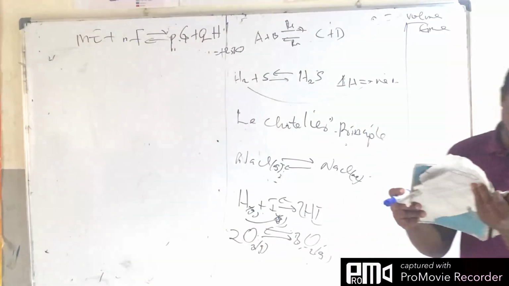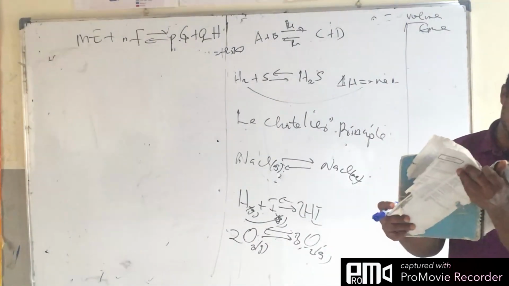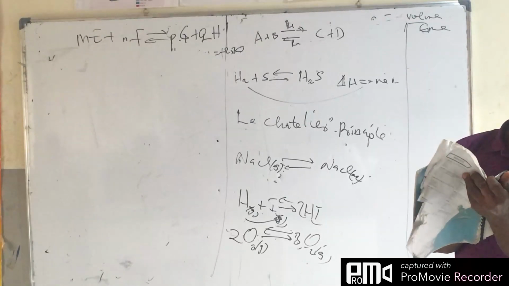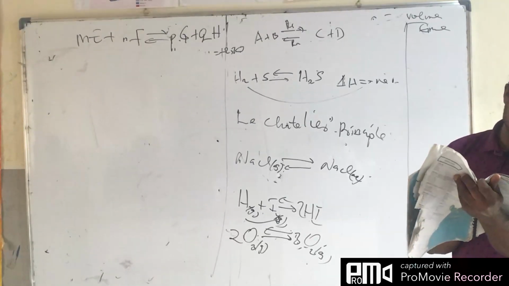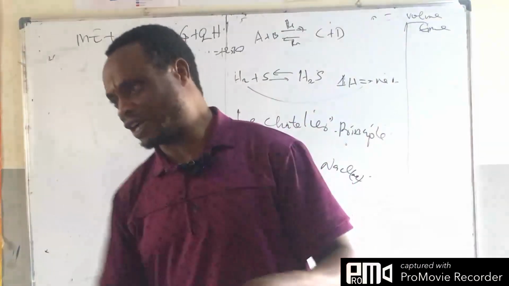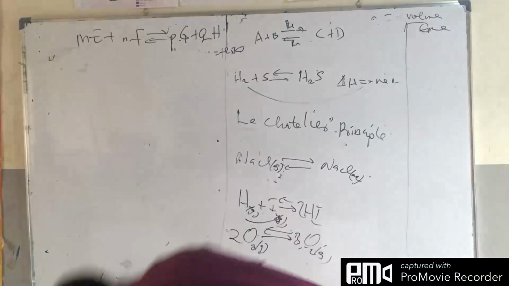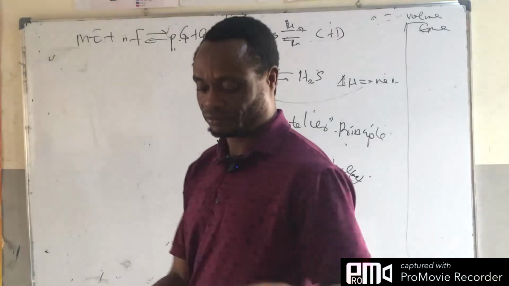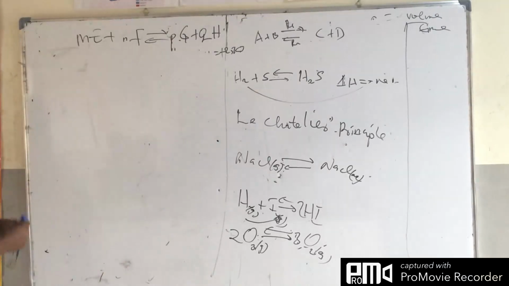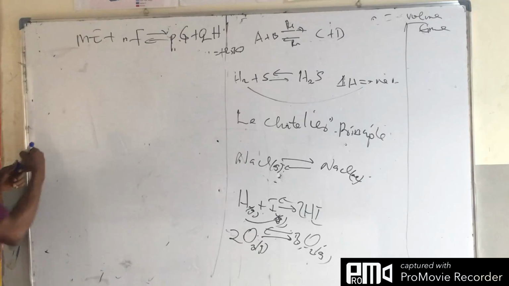You are asked here to write the equilibrium constant. In the above reaction, the constant of the reaction is given by dash. There are options there, but you can do it by yourself, am I right? How do you do this?